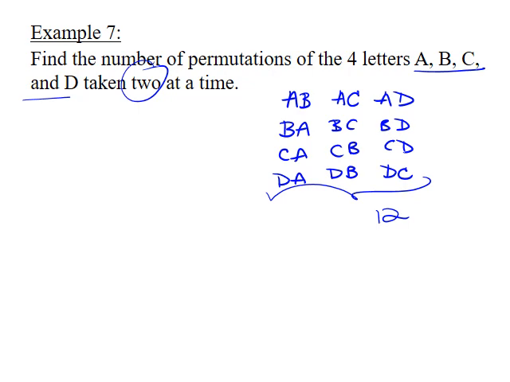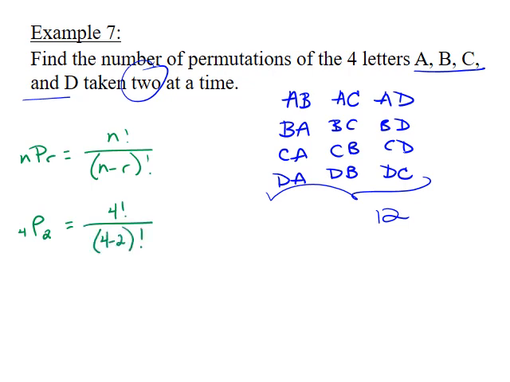Well, let's look at this in a different way. This formula is n factorial over the quantity n minus r factorial. In our case, we have 4 total, and we want to choose 2 of them. So this would be 4 factorial over 4 minus 2 factorial. 4 factorial over 2 factorial is 12.